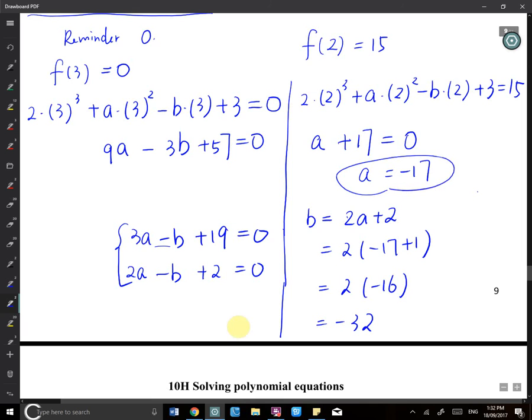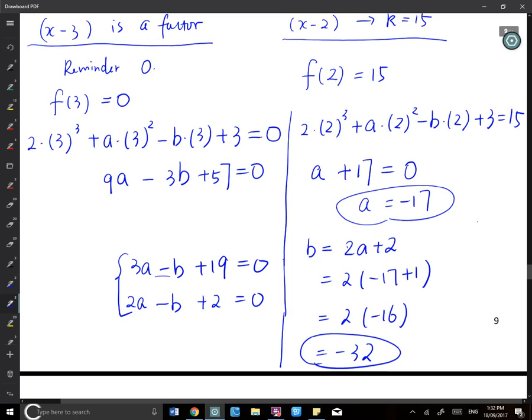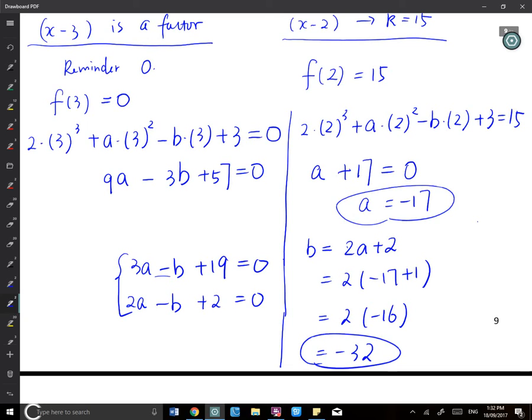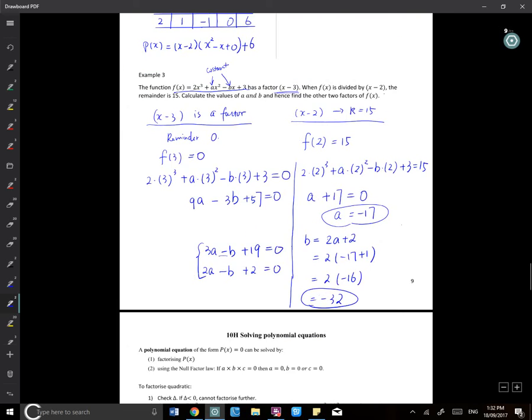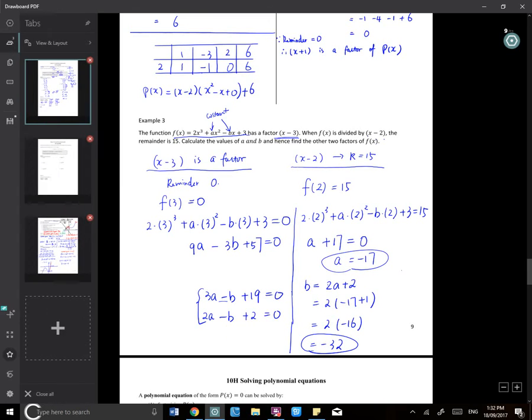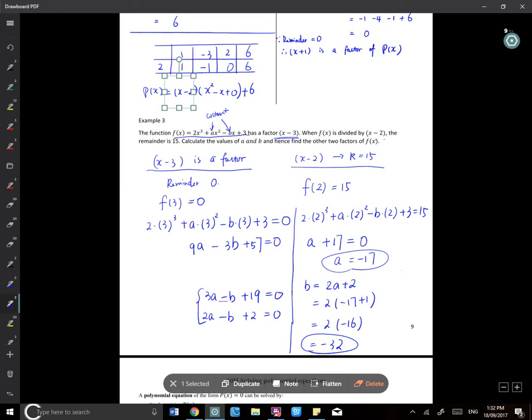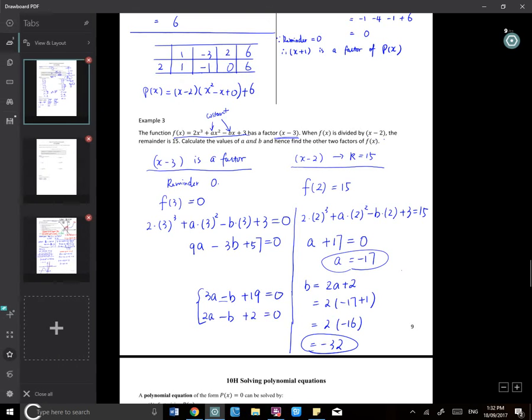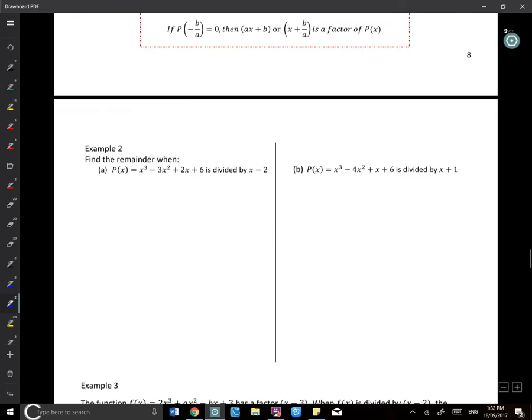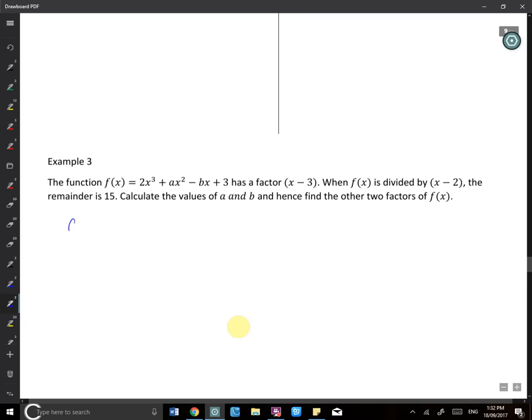So a is this, b is this. And let's rewrite that expression. What's a? a is negative 17, right? Negative or positive? Negative, and b is negative 32.